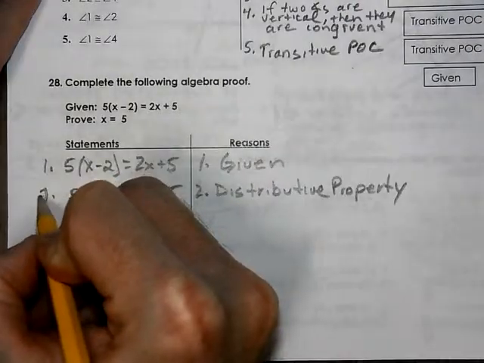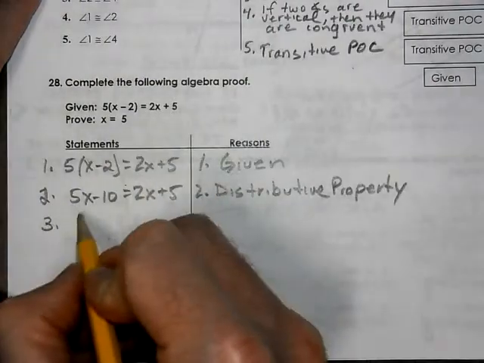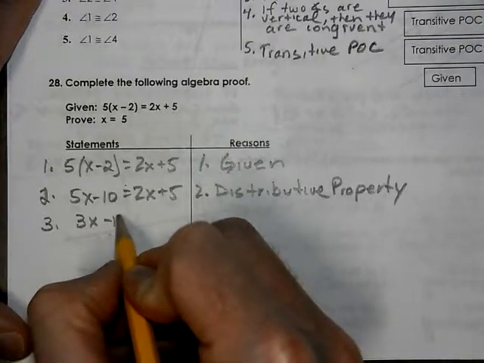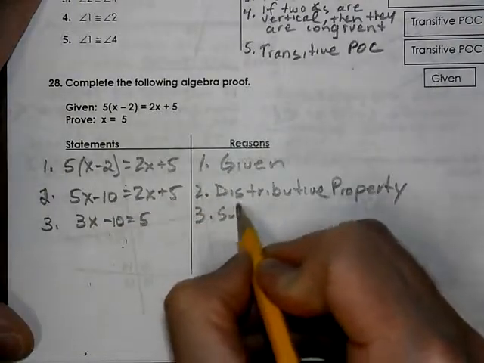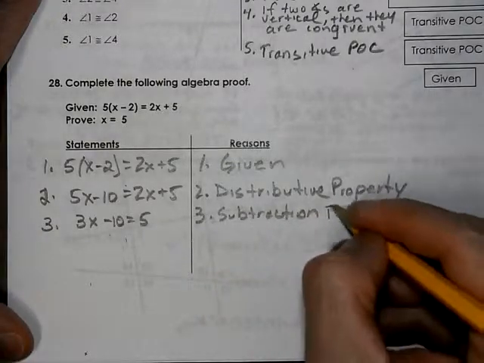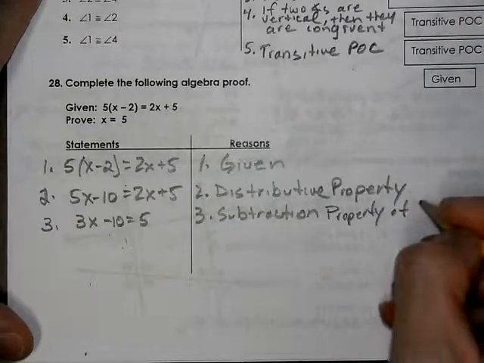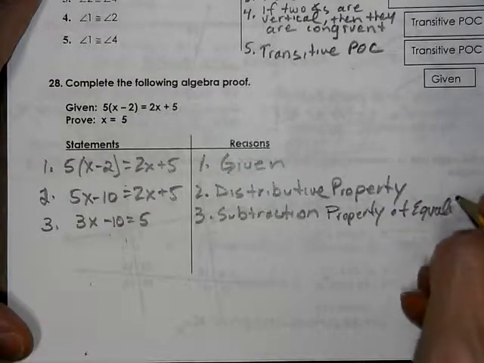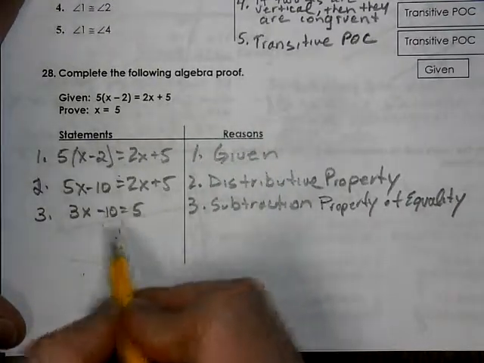Subtract, that's actually a 2, sorry. Subtract the 2 across, and you would get 3x. And we call that subtraction property of equality. Add the 5 across.